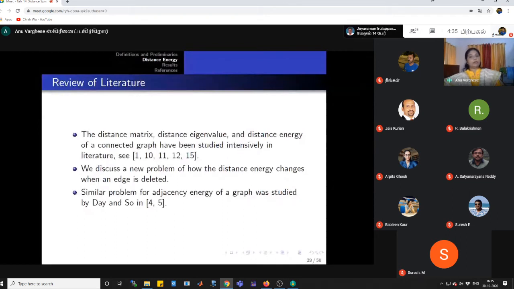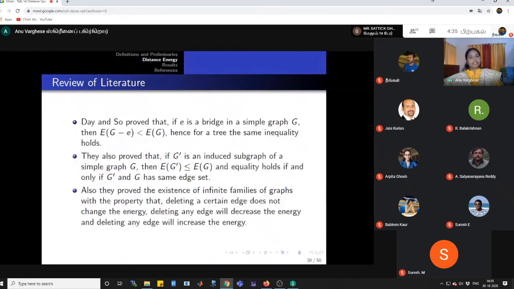This problem was studied by Jane Day and Wasin So. Motivated by this, we have studied the distance energy change of graphs when an edge is deleted.